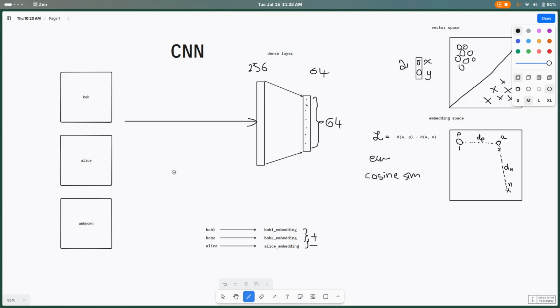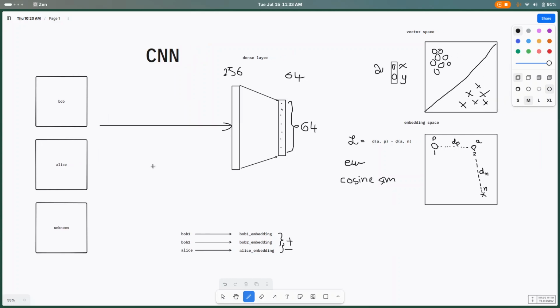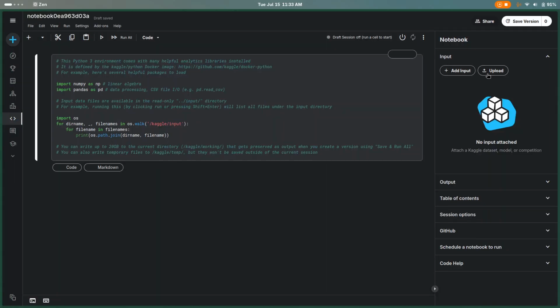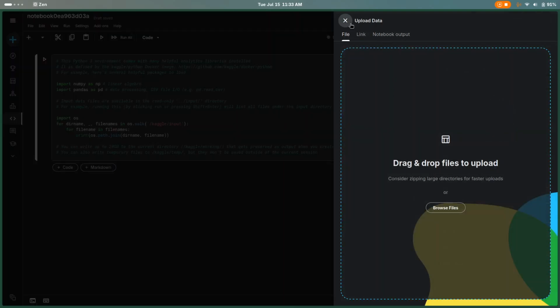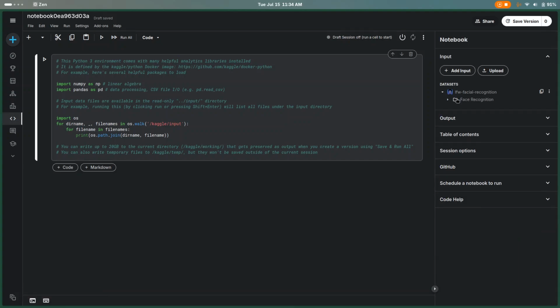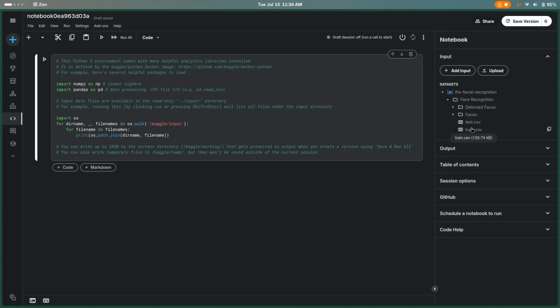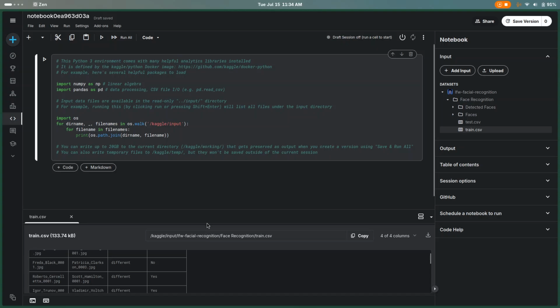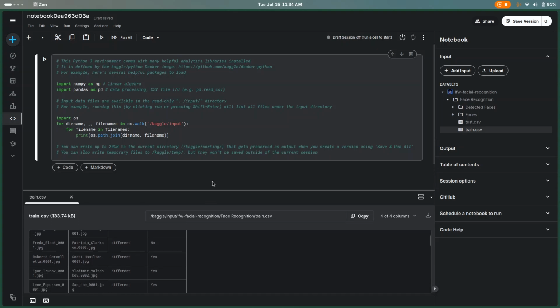Alright. We have 30 minutes. I don't really want to get into coding because the dataset for this is terrible. Let's see. Facial recognition. It takes a lot of time to read this. So there's a competition on Kaggle.